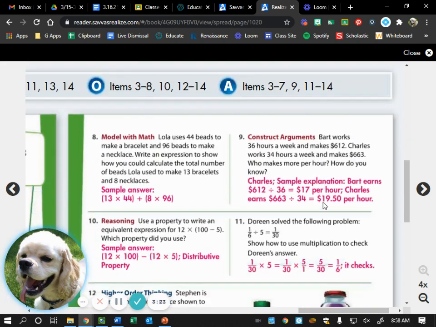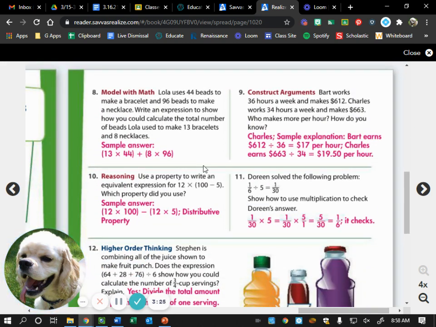So number 8. Number 8 said, Lola uses 44 beads to make a bracelet and 96 beads to make a necklace. Write an expression to show how you could calculate the total number of beads Lola used to make 13 bracelets and 8 necklaces. Since Lola uses 44 beads to make a bracelet, and she's making 13 bracelets, we would take 44 times 13, or 13 times 44.